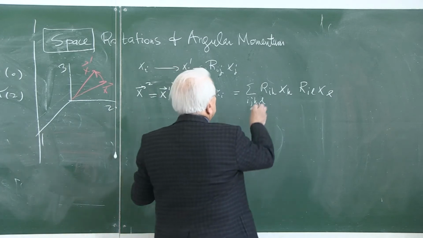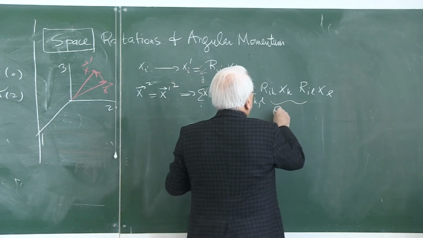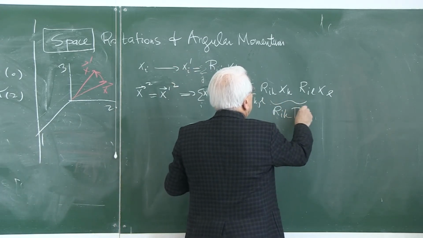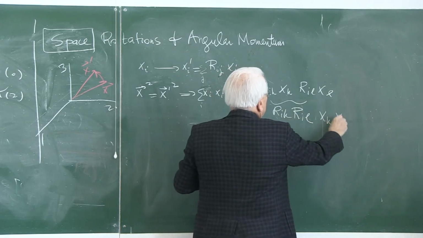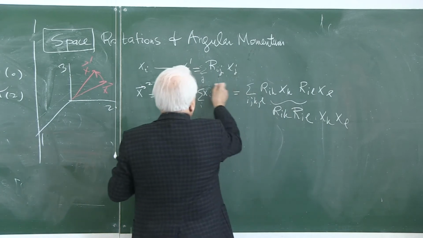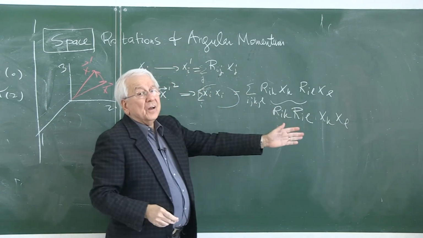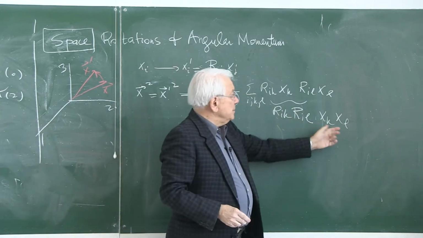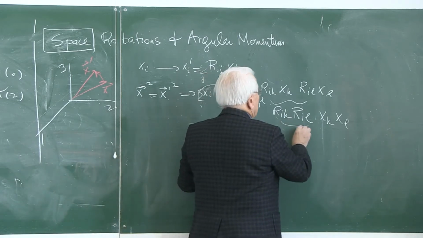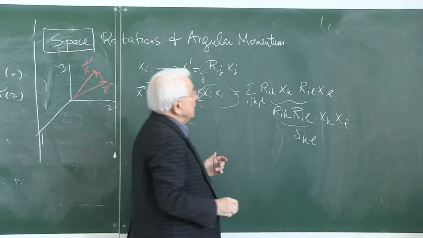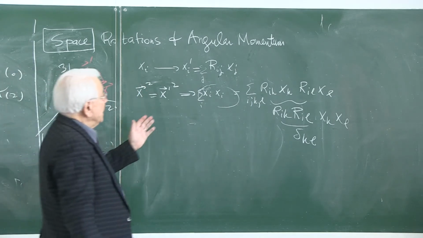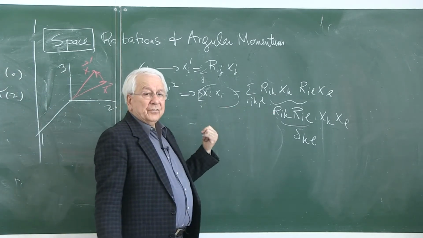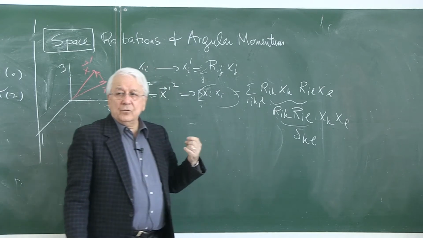If you rewrite this in the following form, R_ik R_il x_k x_l, obviously, in order to get the left-hand side, I have to have this as delta_kl, so that I can carry out the summations over k and l and get the xi and xi as on the left-hand side. That is the equality of the lengths.